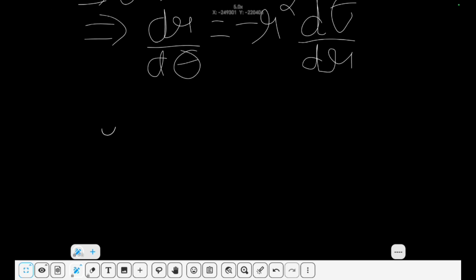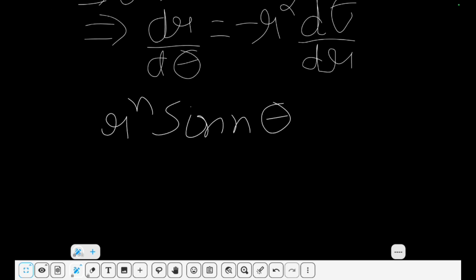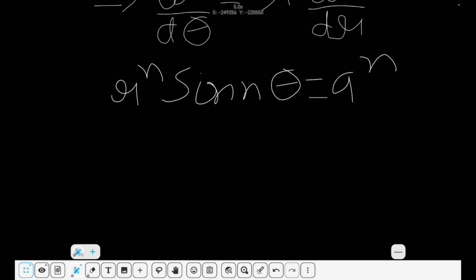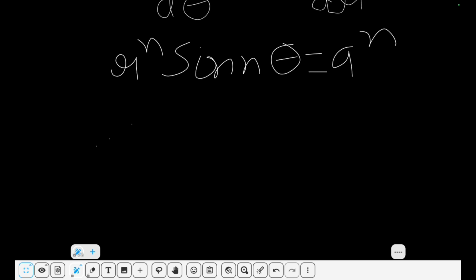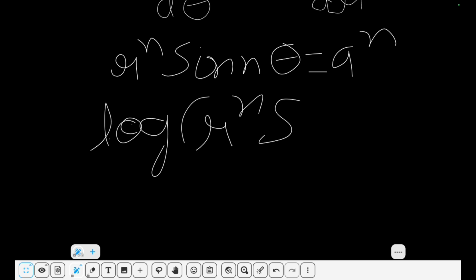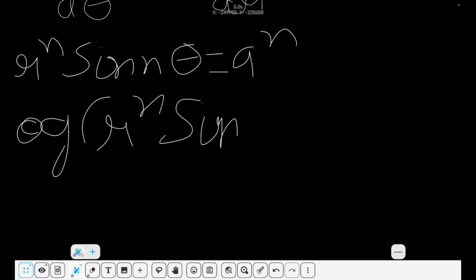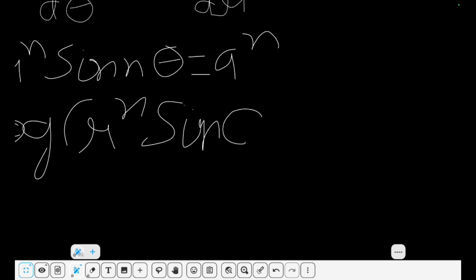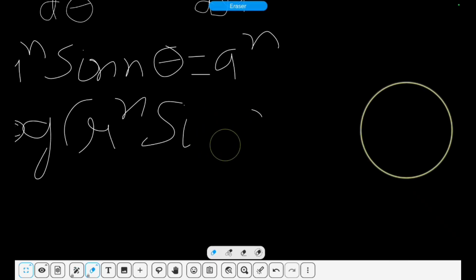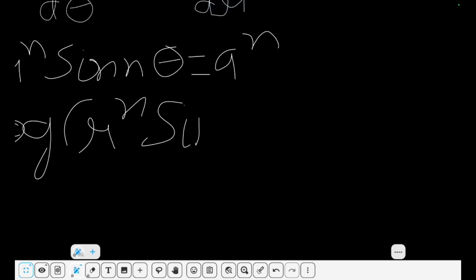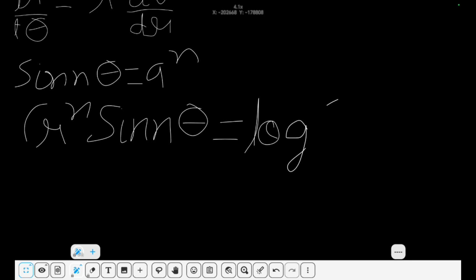Now first, r power n sin n theta equals a power n. Now let us apply log on both sides. So that gives us log of r power n sin n theta equals log of a power n.